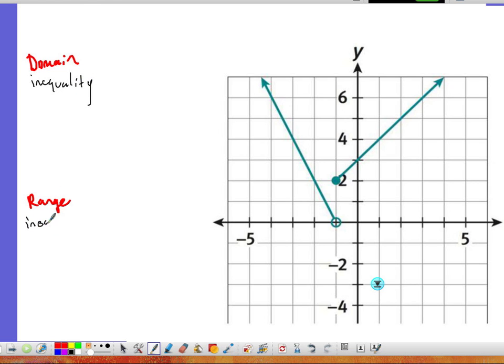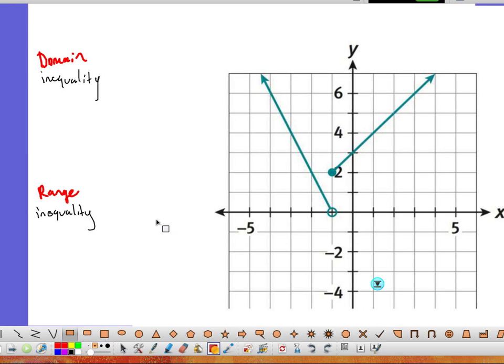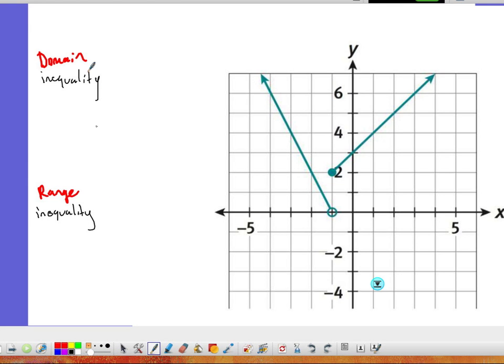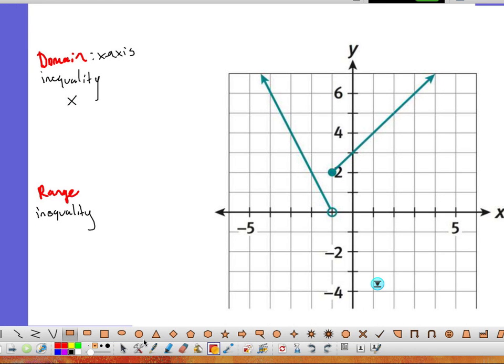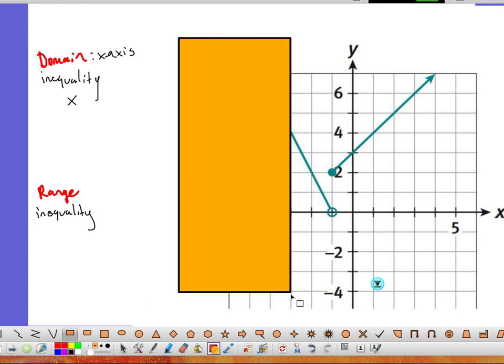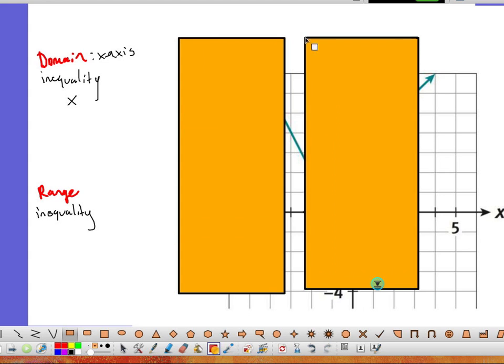So remember, for the domain, I'm looking at the x-axis, which means that in my inequality form, I'm going to use the variable x. And I'm going to use horizontal moving elevator doors.